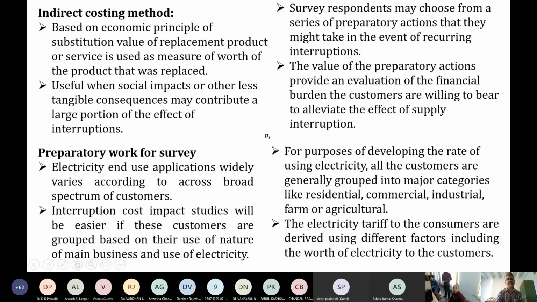The electricity tariff is derived using different factors, including the worth of electricity to the customers. So when deciding on the tariff, the worth of electricity to the customer is also one of the factors considered, apart from the investment cost made in the system.